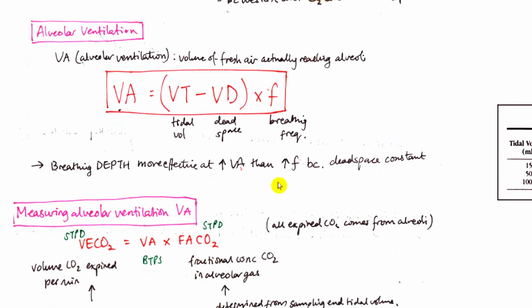Now, the breathing depth is more effective at increasing the alveolar ventilation than increasing frequency because of the dead space being constant. So if you're not ventilating properly, then increasing the depth of your breathing is going to be more effective than taking shallow breaths.